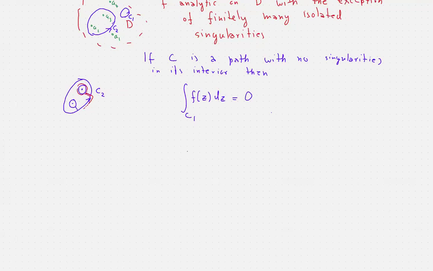And when it encounters the origin of the second segment, again it goes in, traverses the other circle in the counterclockwise way, and comes back.